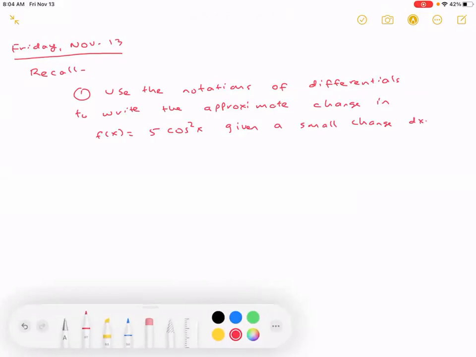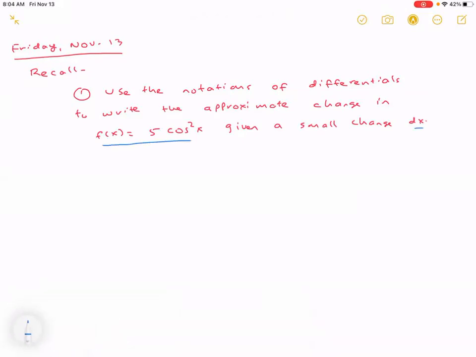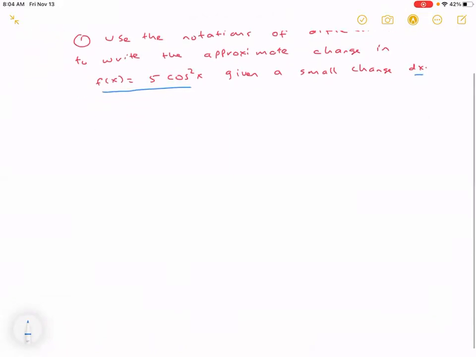Okay, so what do you do here? Well, at the very end of the last class, we learned that the differential dy is what? Derivative of f times dx.